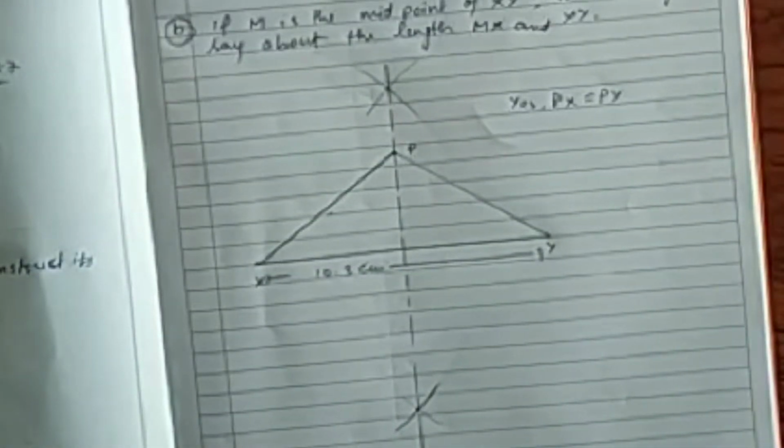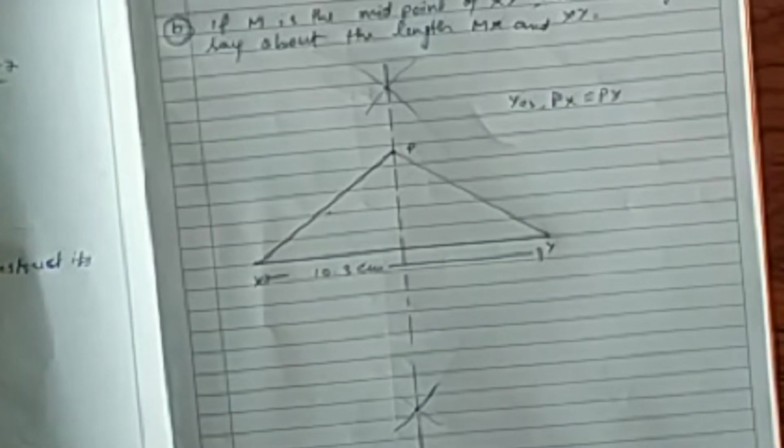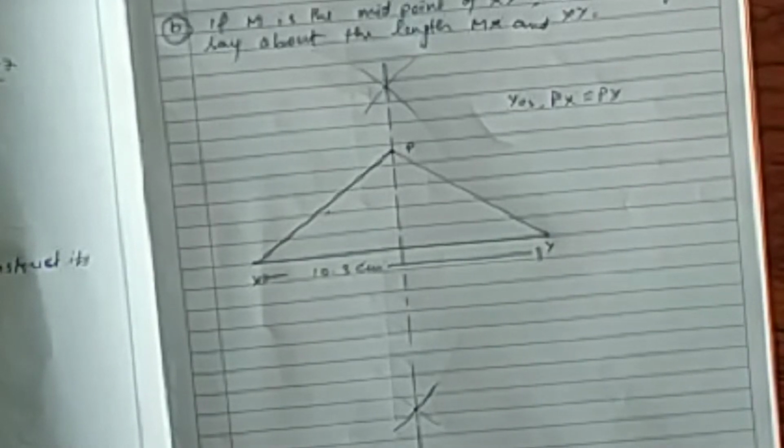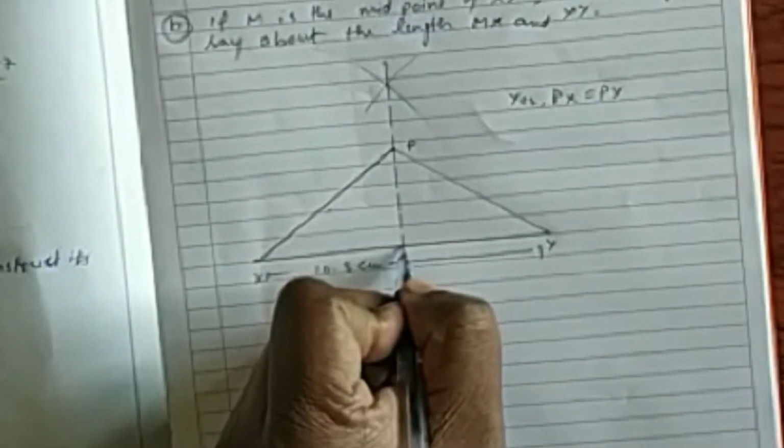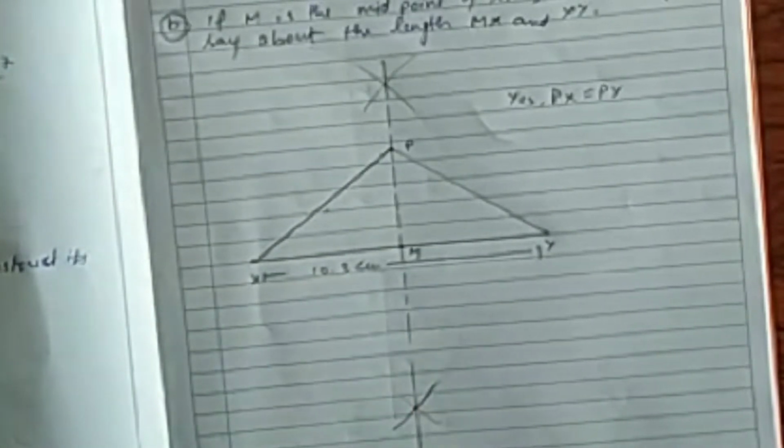Now it is saying if M is the midpoint of XY, this is M. If M is the midpoint of XY, what can you say about the lengths MX and MY? Measure MX and MY.